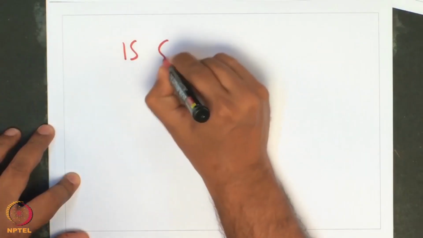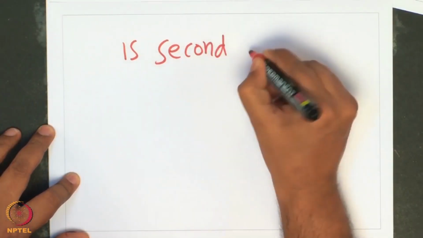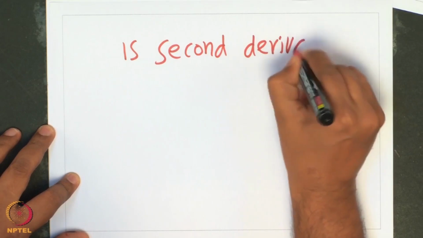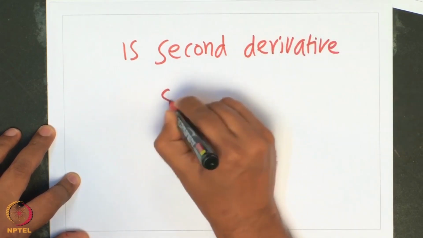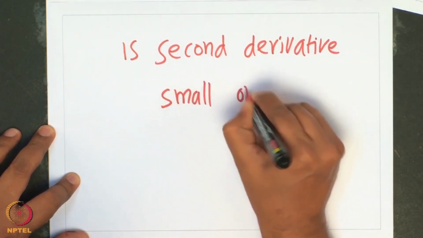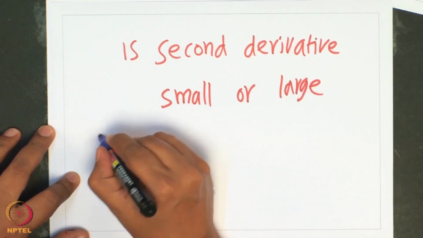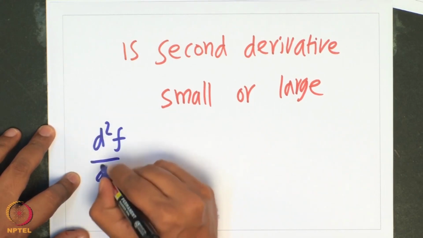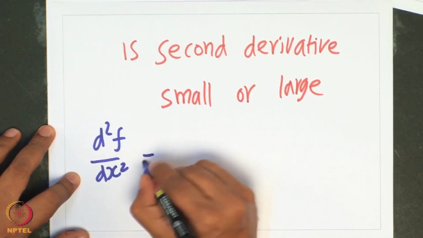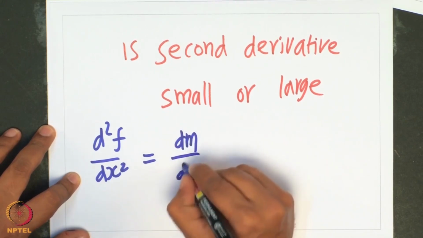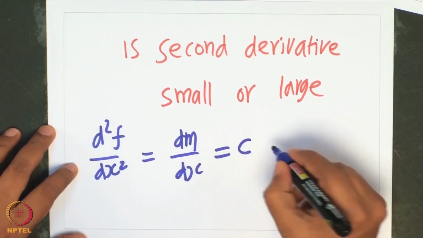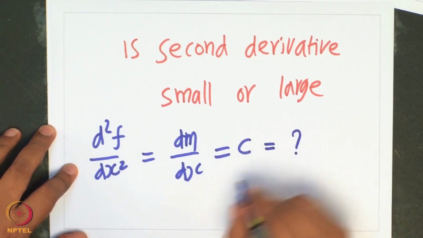To know that, what we would be calculating is the second derivative. So is the second derivative small or large? That is, if I calculate d square f by dx square, which is the same as dm by dx, which we call c, is this big or small?